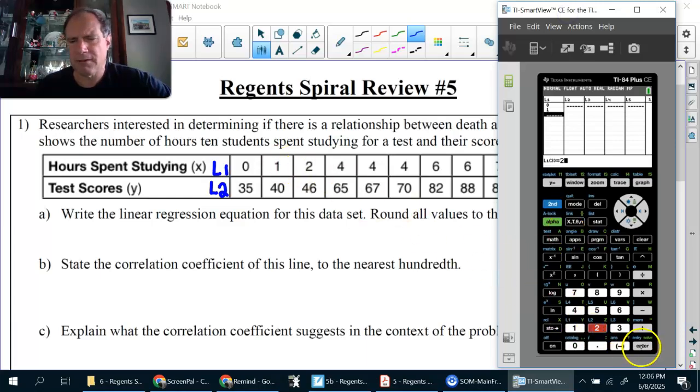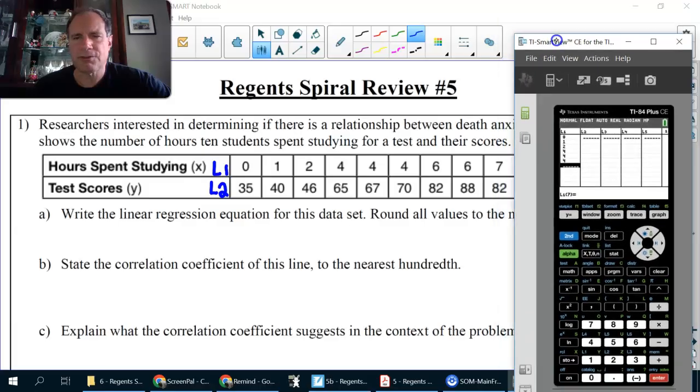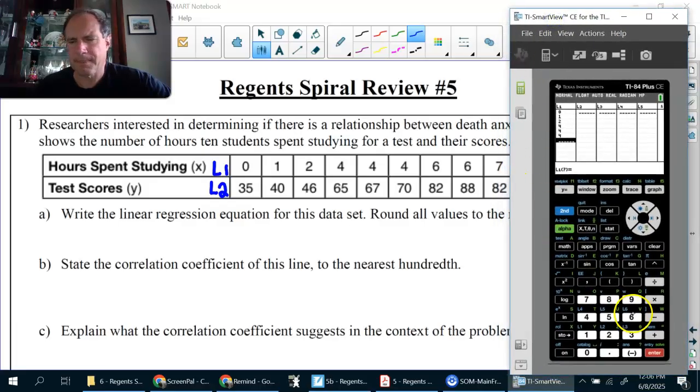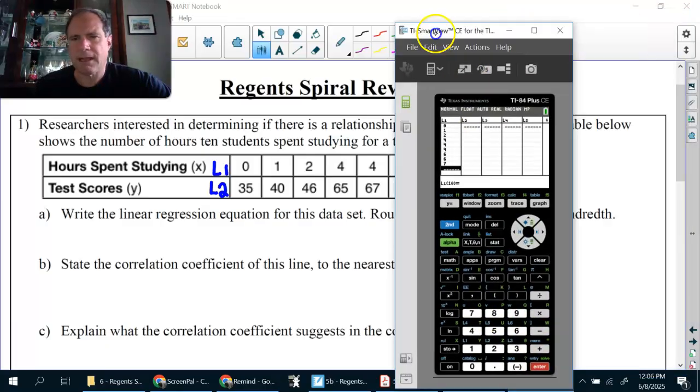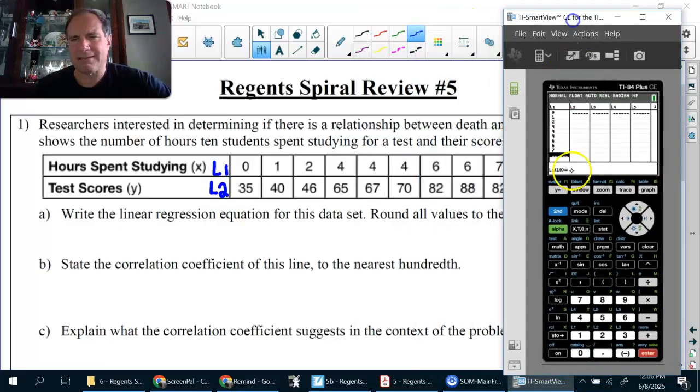Just be careful that you don't input an extra 4. There's 3 4s, so just look at your screen, there should be 3 4s. There's 2 6s. There's 1 7. And then finally there's 1 8.